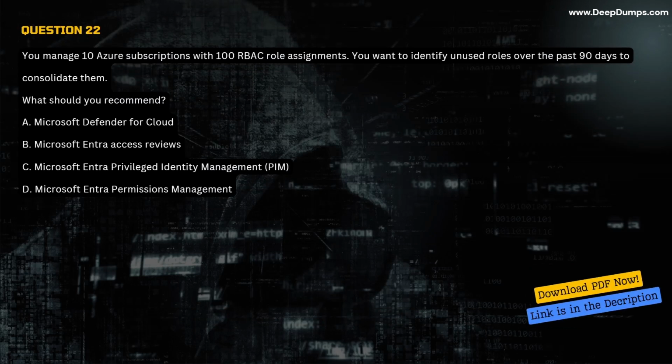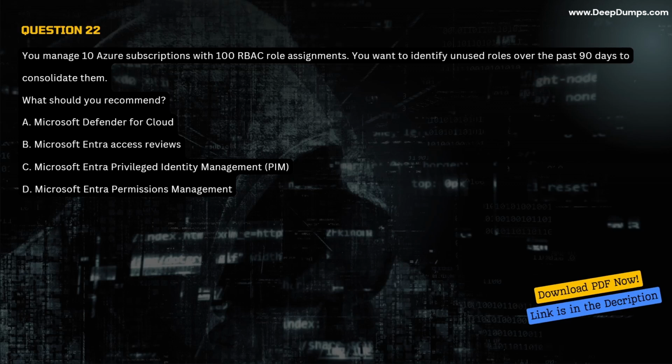Question 22. You manage 10 Azure subscriptions with 100 RBAC role assignments. You want to identify unused roles over the past 90 days to consolidate them. What should you recommend? A. Microsoft Defender for Cloud. B. Microsoft Entra Access Reviews.